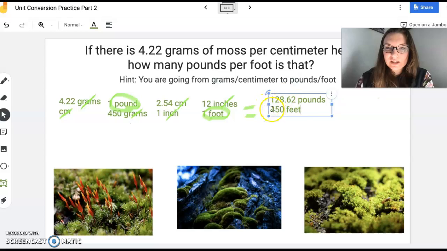So looking at that right there, that looks like it's going to be about 0.25 pounds per foot, like a quarter of a pound per foot.